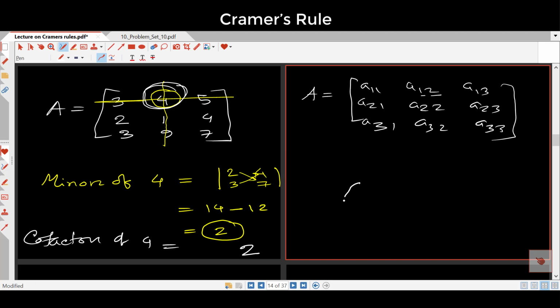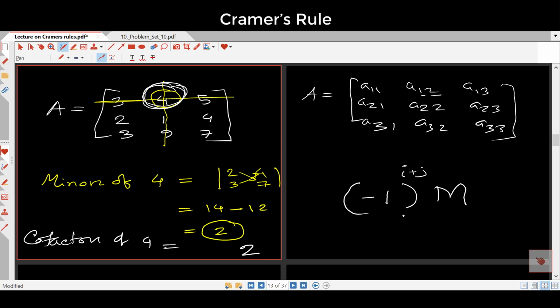So always with the minor, let's say the minor is denoted by M, before M you have to always write (-1) power i plus j. What is i? i is the row, j is the column. So for this 4, what is the cofactor?